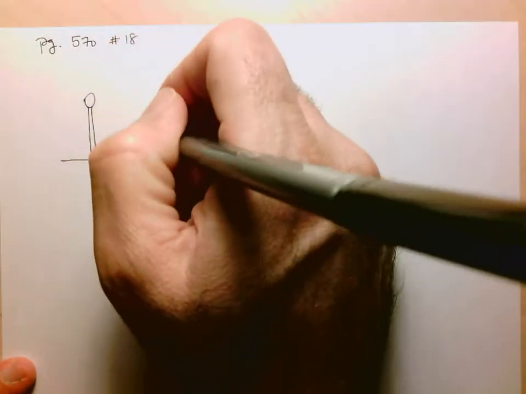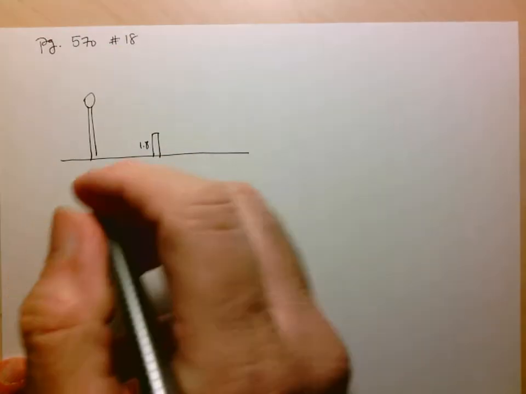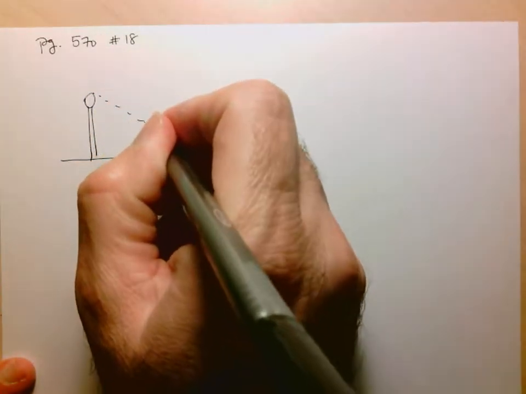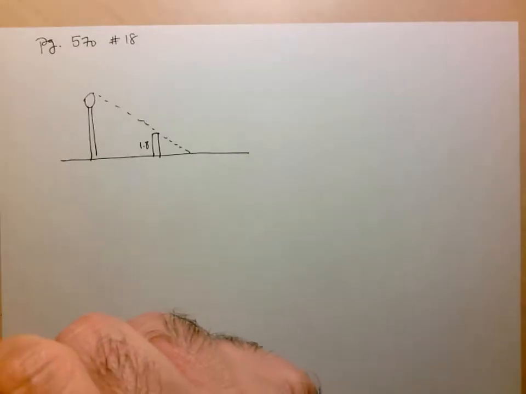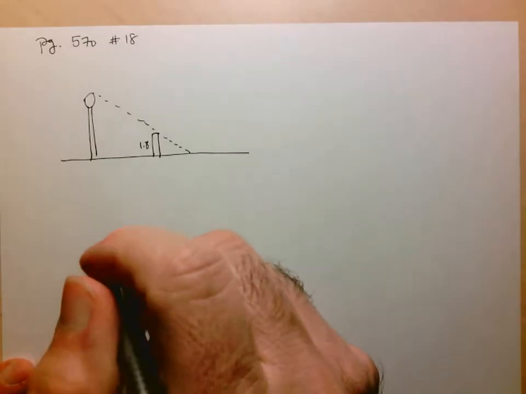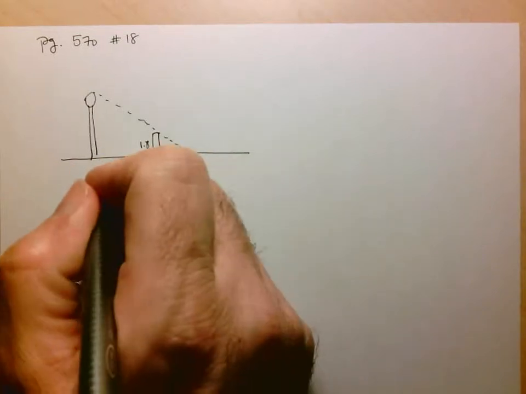So here we've got a lamppost, and we've got a man, 1.8 meters tall, and a shadow is cast. So let's see what they give us. They tell us the rate at which he's walking away from the lamppost.